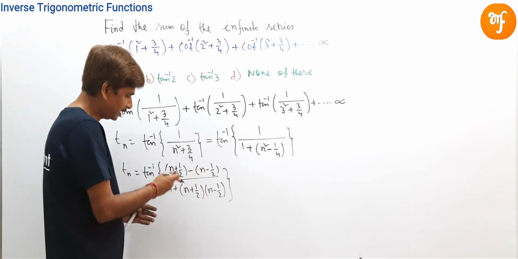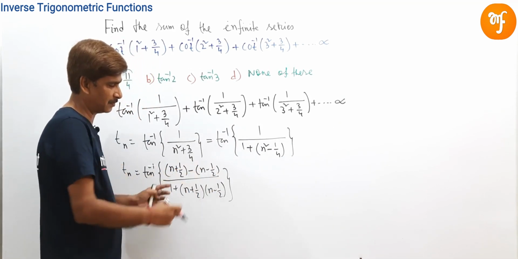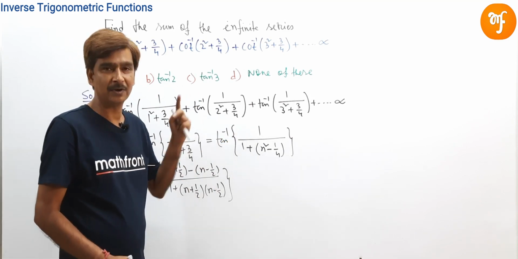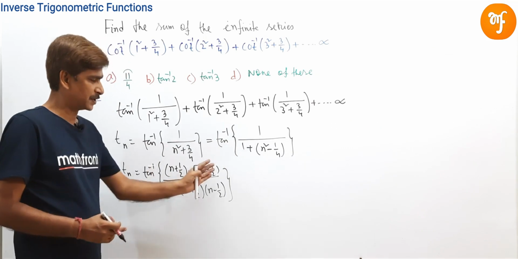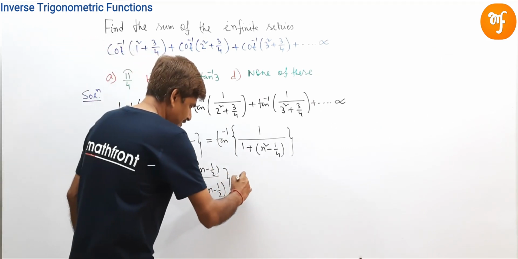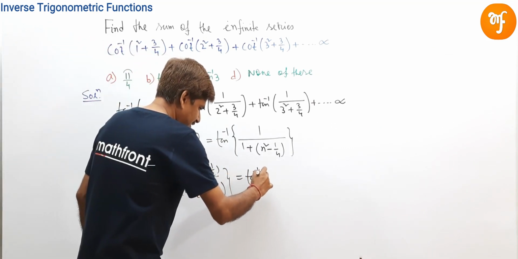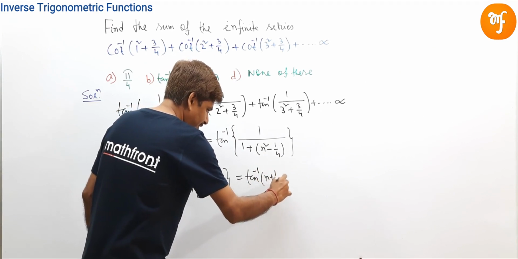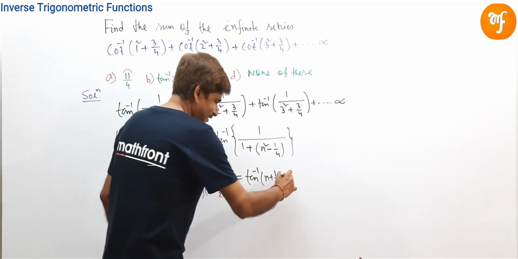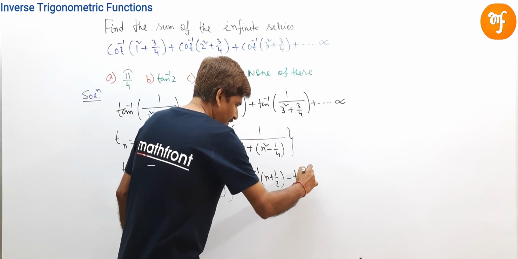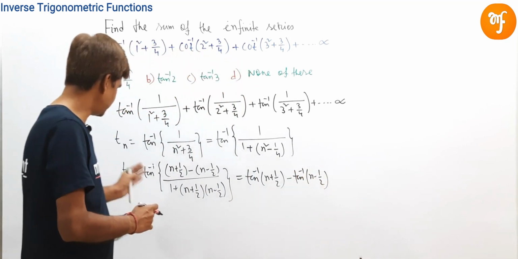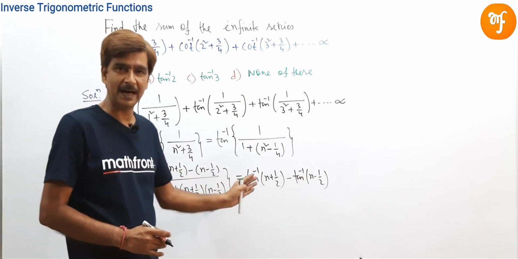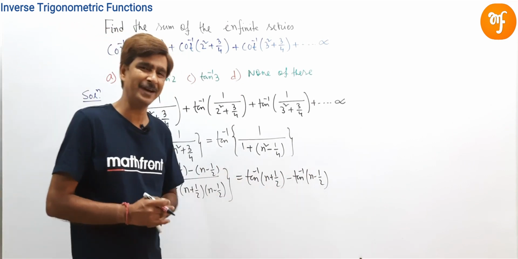Okay, and look, n plus half minus n minus half is nothing but 1, which we have already at the numerator. Okay, so this whole expression can be written as tan inverse of x, that is n plus half, minus tan inverse of y, that is n minus half.